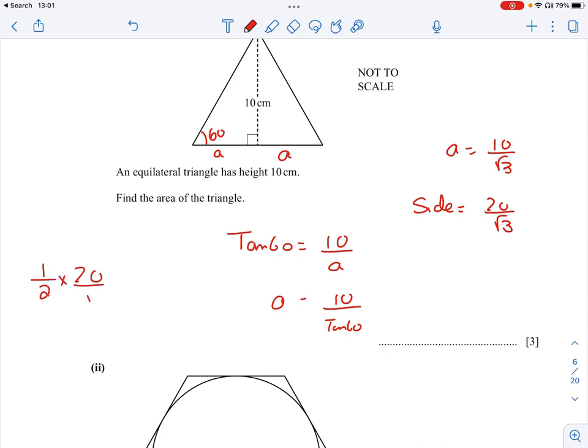Half base is 20 upon root 3 times height is 10 upon root 3. So it becomes 200 upon 6. So we can take a calculator and find the value of 200 divided by 6. When I find that, it should be giving me the answer as 33.3.